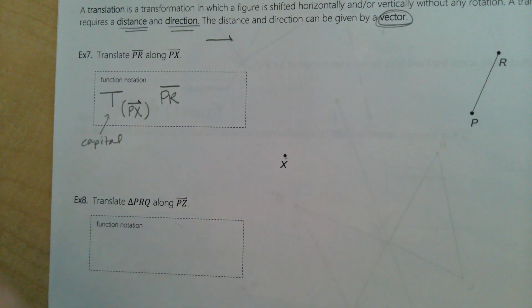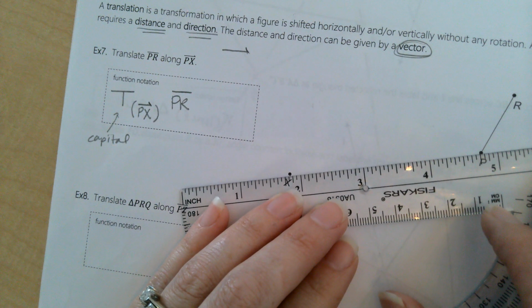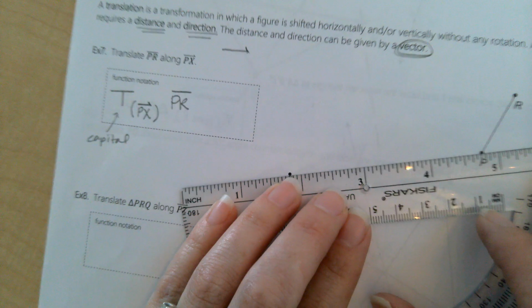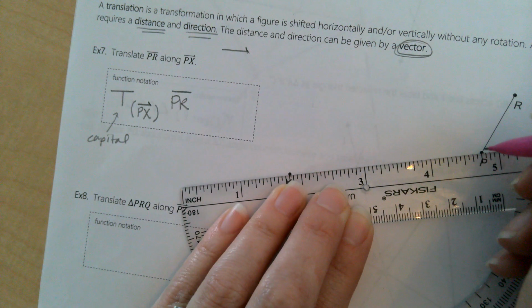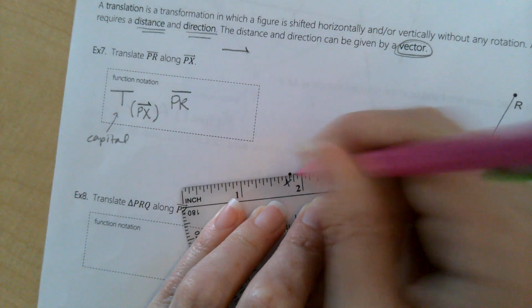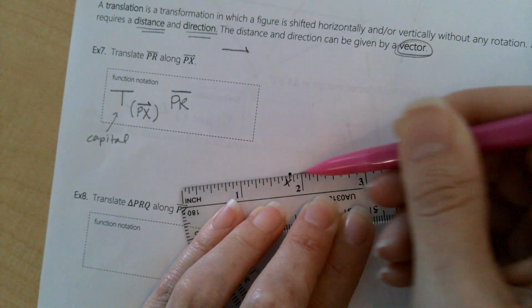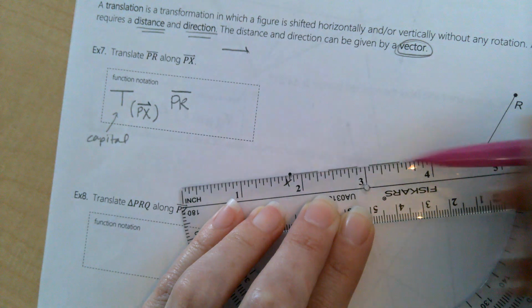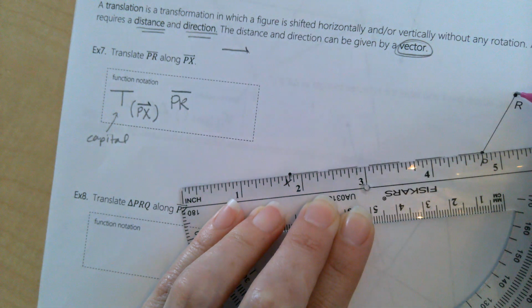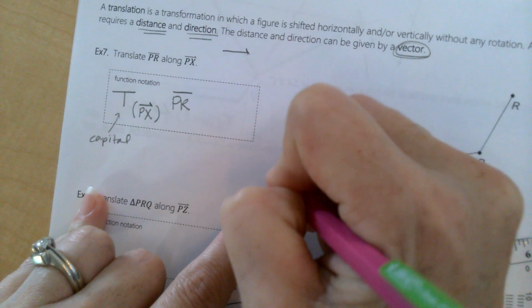So this vector, I'm going to draw it first. Okay, it's not really there, so I'm going to dash it. So the vector is telling me I'm taking P this direction to X and this distance. I have to do the same to R. So X becomes P prime.